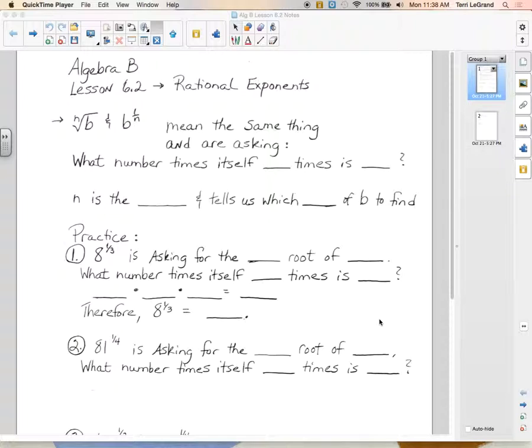What does rational mean, first of all? When we say a rational exponent, what should you visualize? Well, not necessarily, it doesn't have to be positive. That's what rational means. It will not be a whole number, but it could have a whole number part.